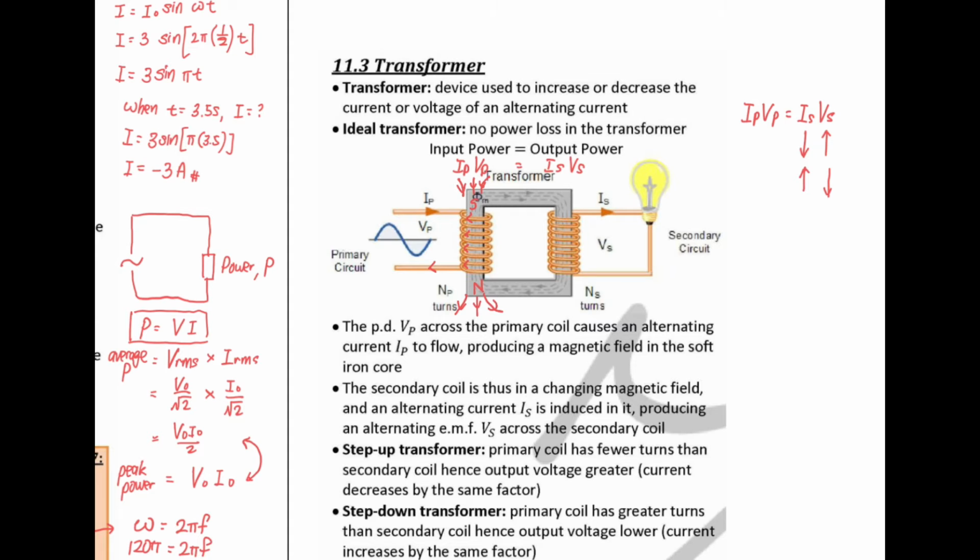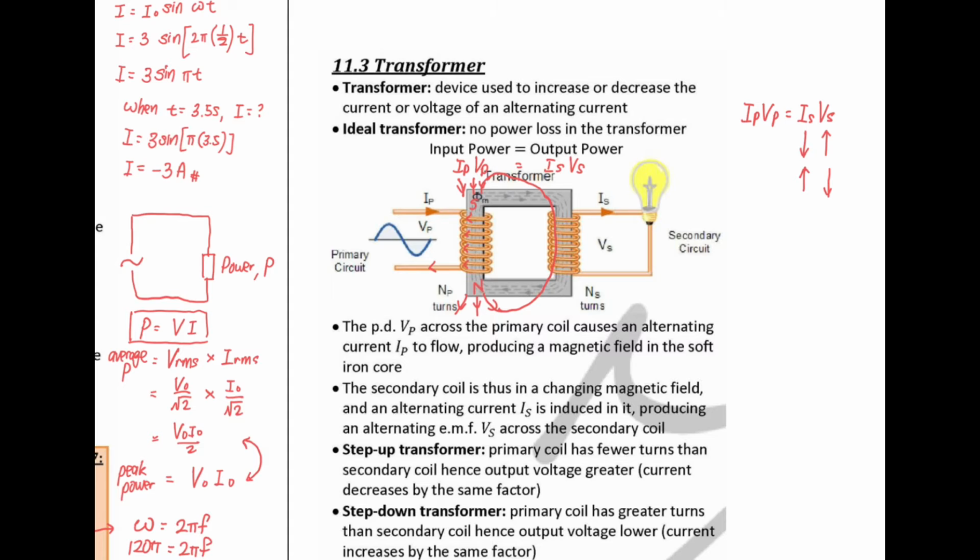And the electromagnet will just cut the secondary coil, and then they go back to the south pole. So when they cut the secondary coil, then the secondary coil will induce EMF.